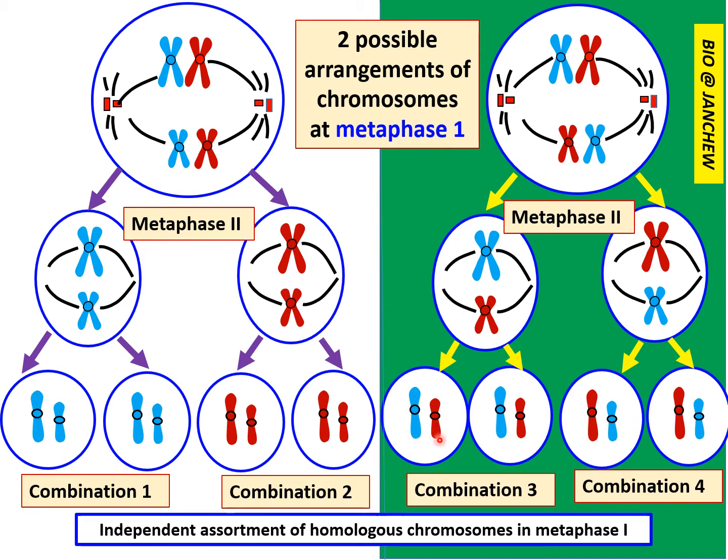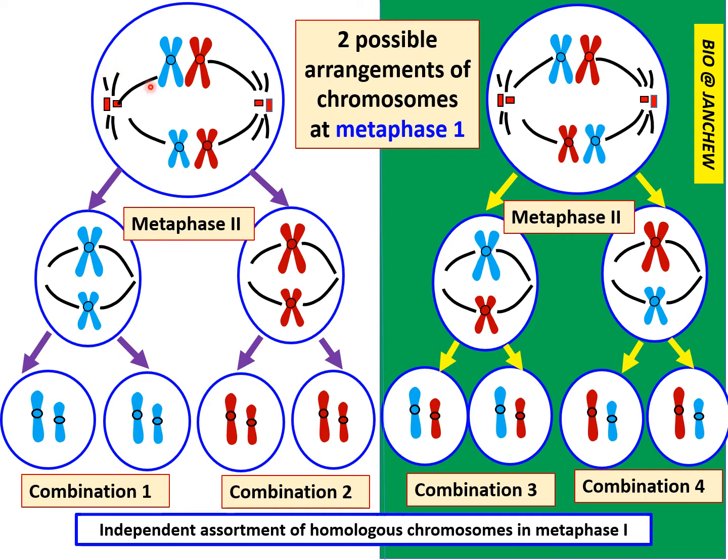Now let's take a cell where 2n equals 4. So this is a parent diploid cell. Imagine that it is undergoing meiosis to form the gametes. So how does it form genetically different gametes?